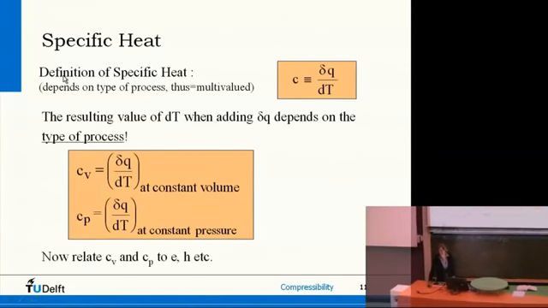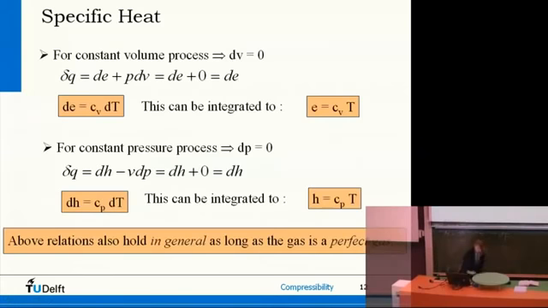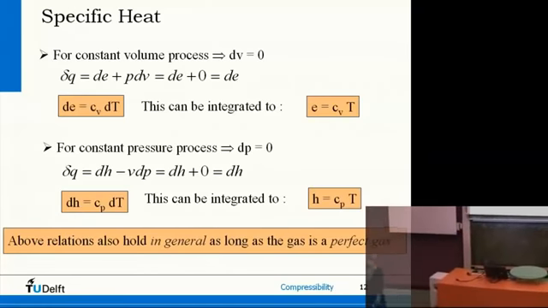We are in a constant volume process, so dq is equal to Cv times dt, so that gives me that dE is equal to Cv dt. So changes in internal energy per unit mass is equal to the specific heat at constant volume times dt. Now that's easy. Now I can integrate each side, and I find E is equal to CvT.